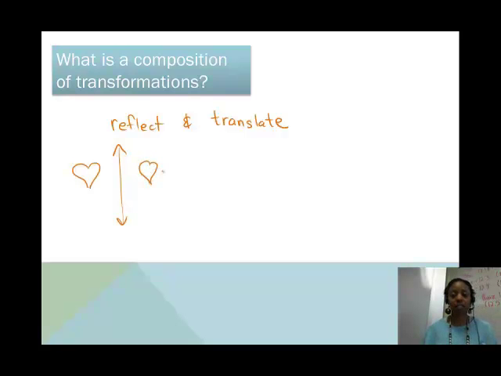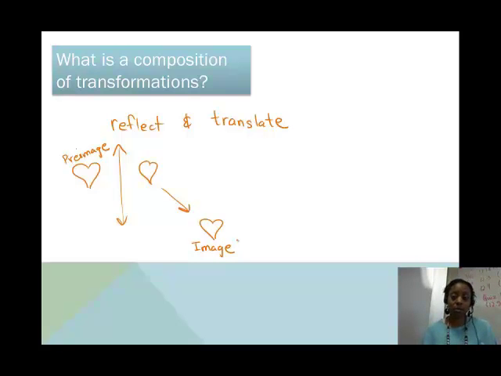It's been reflected, and now translate it, say in this direction. So this here is your pre-image, and after you have done the composition of transformations, you end up here with your image. It's just one transformation followed by another.